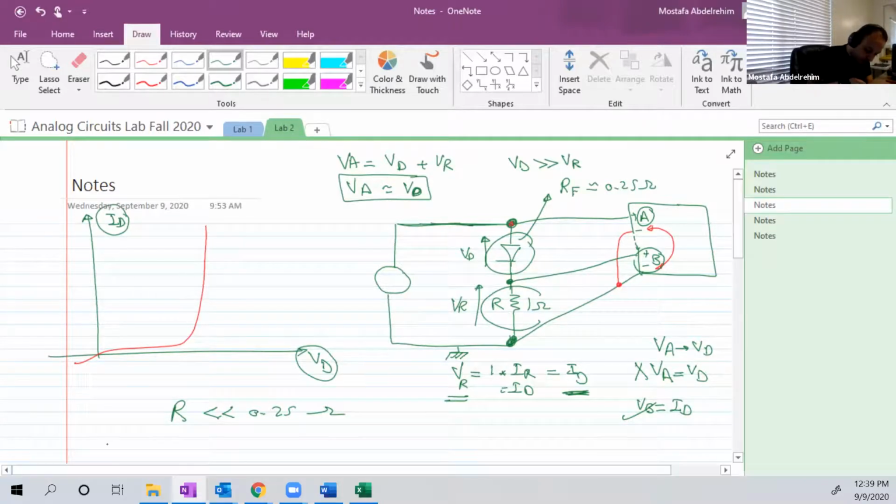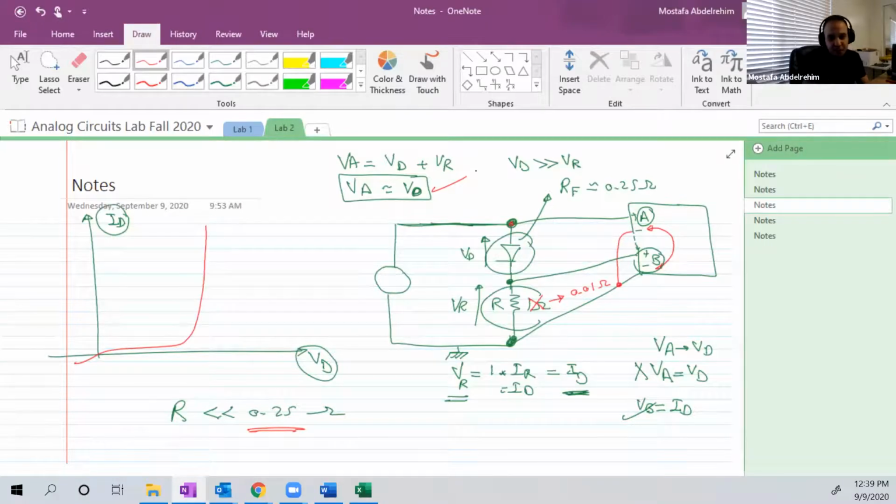So let's now change this. This is wrong, and we should change it to something very much smaller than 0.25, for example, 0.01 ohms. Now this will hold. And now we have another problem.